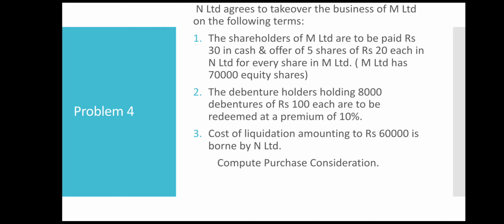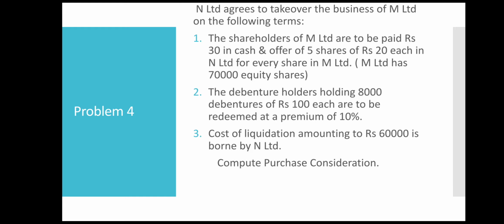I'll show you the calculations later, but I hope this point is clear. This point speaks about the payment made to shareholders in the form of cash as well as in the form of shares. Both will be considered because it is a payment which is made to shareholders.